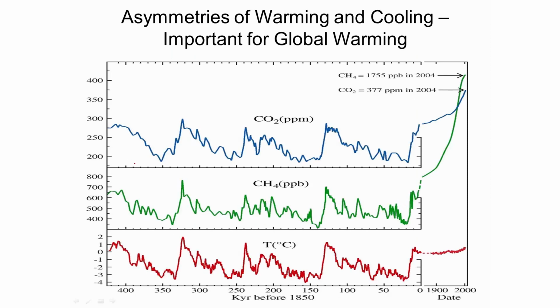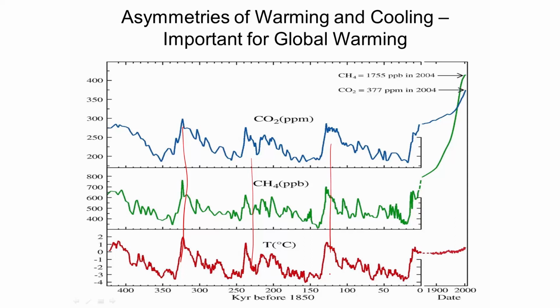So, this is putting together the ice core data in one plot. Here is the carbon dioxide and the methane we looked at. Here is the temperature change we have looked at before, and you can see that they are all changing coherently.